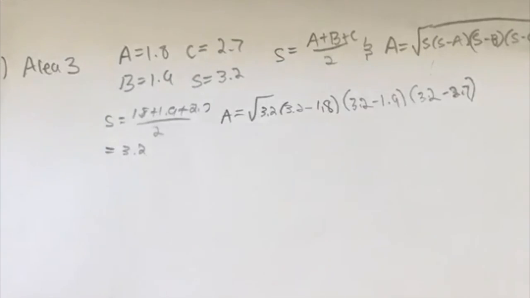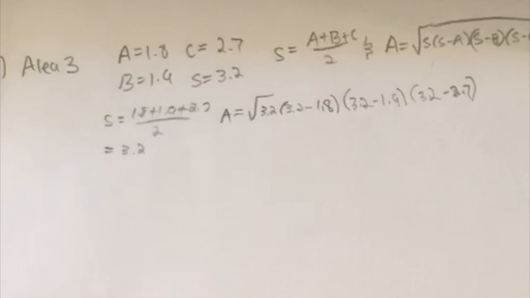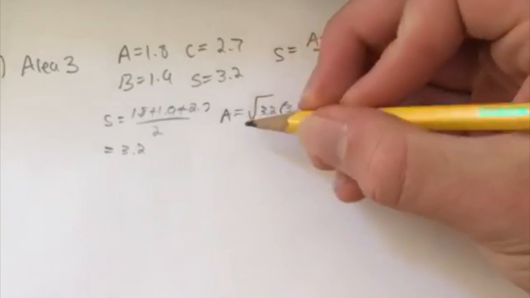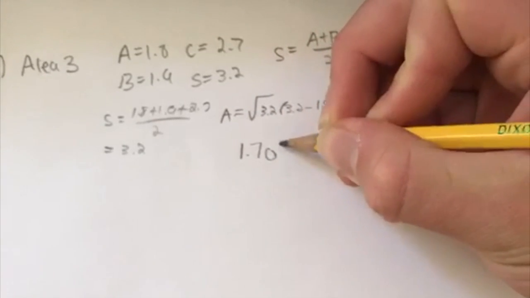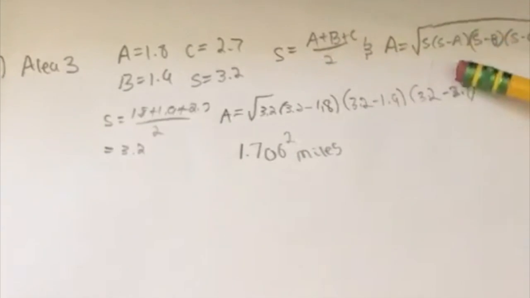So we're getting all the sides in here, A, B, and C. 3.2 minus 1.9, which is B. And then 3.2 minus 2.7, which is C. And if you can see right there, that is what our square miles is going to be, before, of course, we put it into the ratio in terms of the map and the scale at that level. So 1.706 square miles.